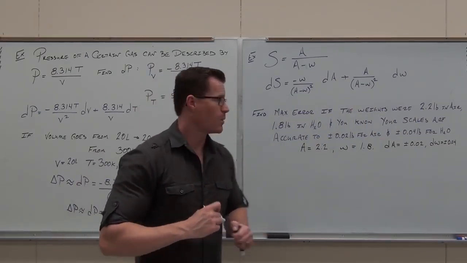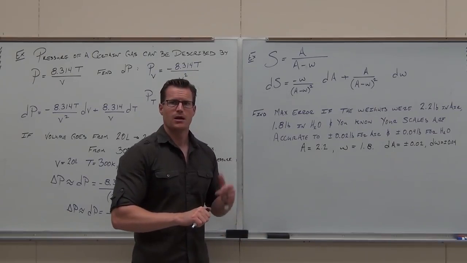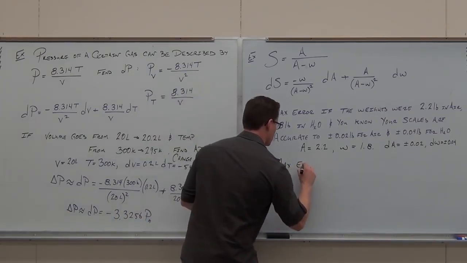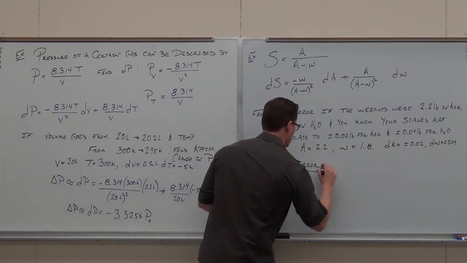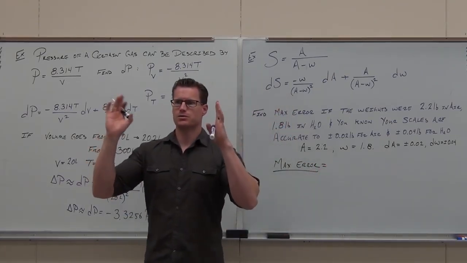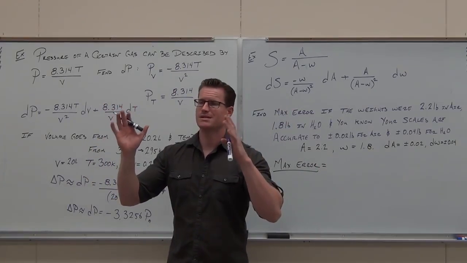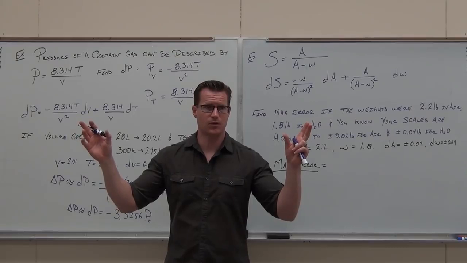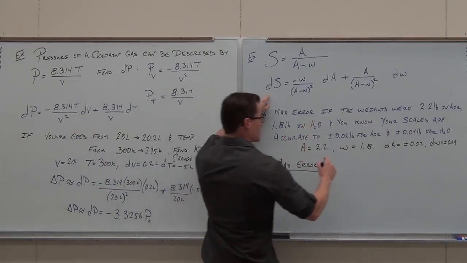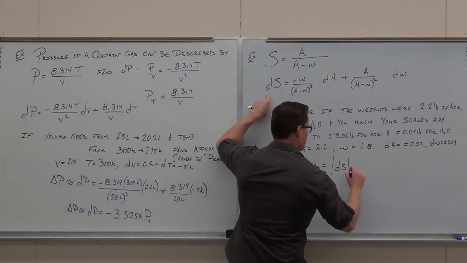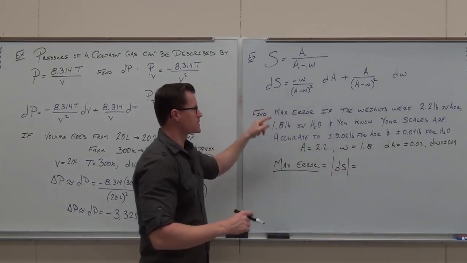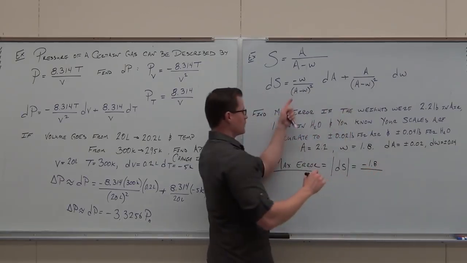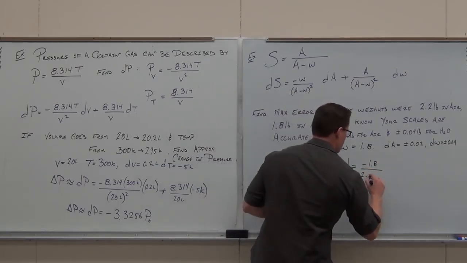If we want to find maximum error, please watch carefully. Maximum error is going to be the absolute value of the differential. If they're negative, I don't want these errors canceling each other out. Does that make sense? So we're going to find the absolute value of that differential. I'm going to plug the numbers in: negative W over 2.2 minus 1.8, squared.